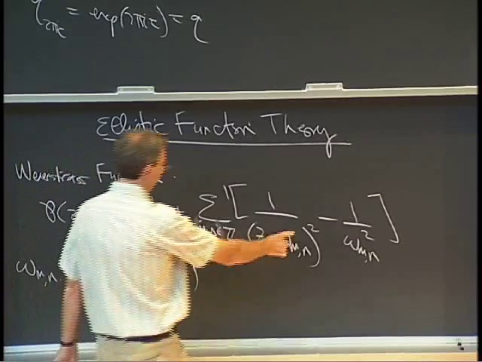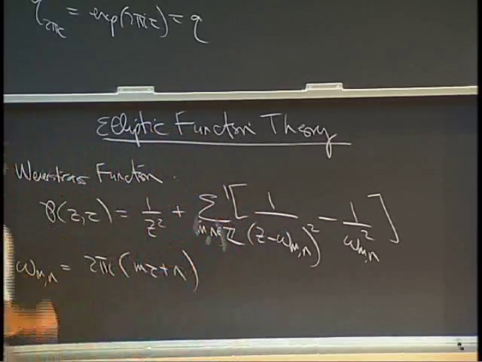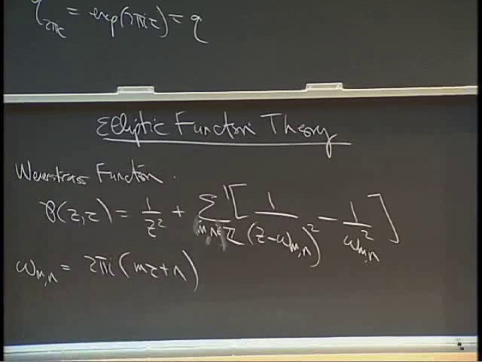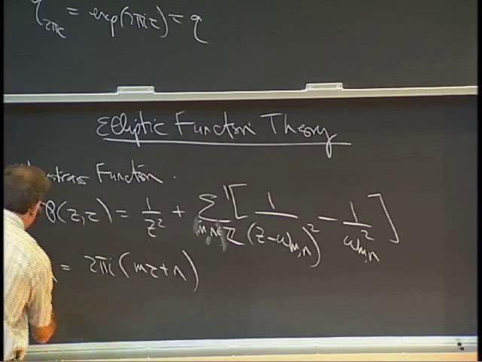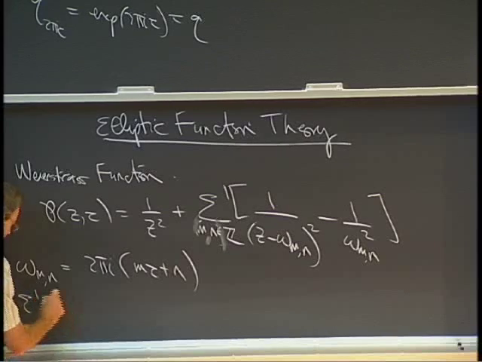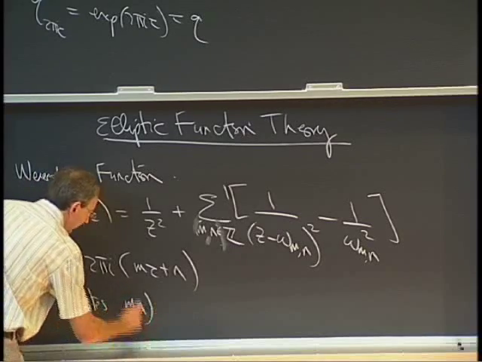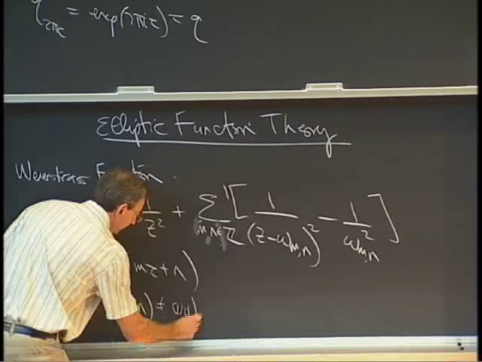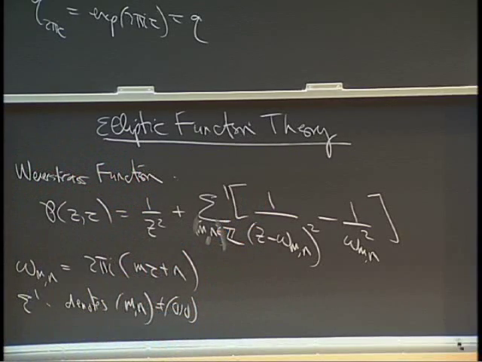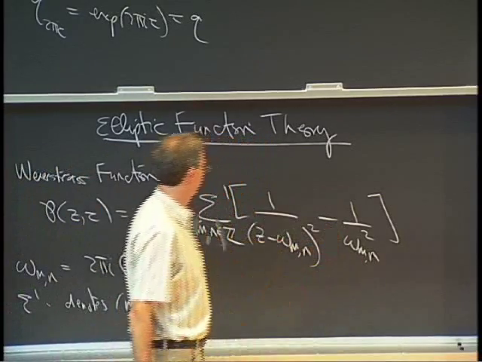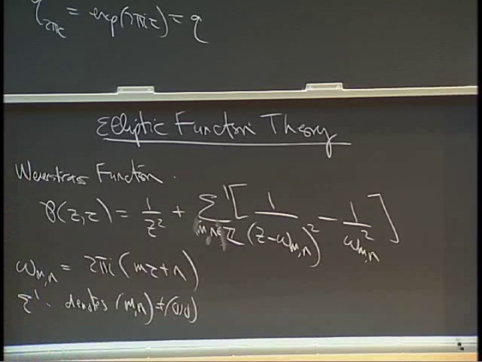And this prime here denotes the fact that the value m = n = 0 is omitted, since that is the singular value of the right-hand side here. So this little factor here is designed to make the whole thing absolutely convergent.